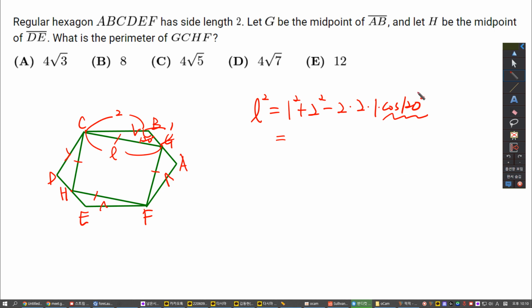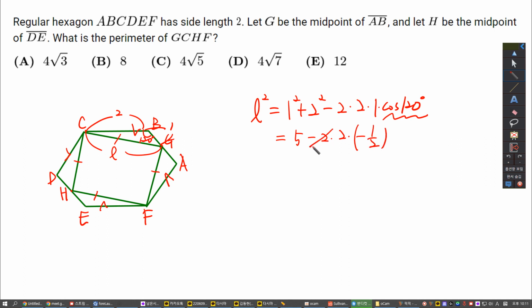You can use a calculator in degree mode to find the value of cosine 120 degrees. Yeah, negative 1/2.